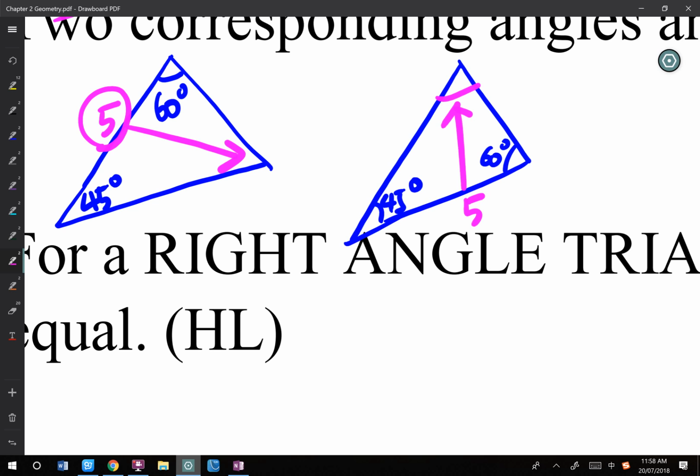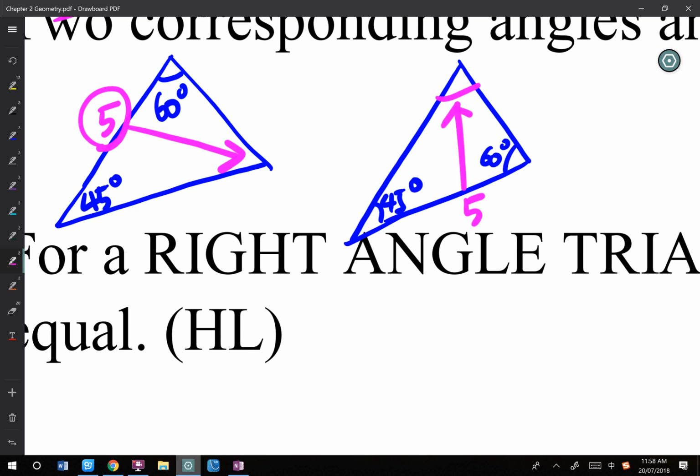So first of all, the two angles are equal already. Now I will look at the side. Is the side at the right spot or not? Even though they are equal, they might not be corresponding lengths. So now they are corresponding because they're all opposite to the same angle.